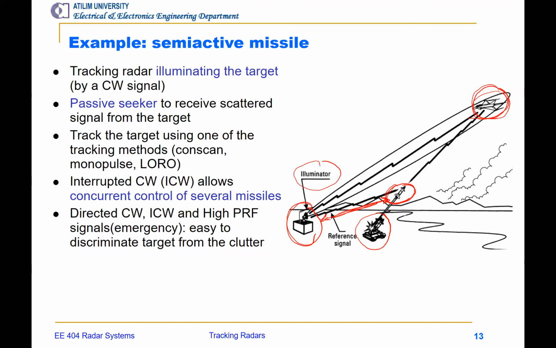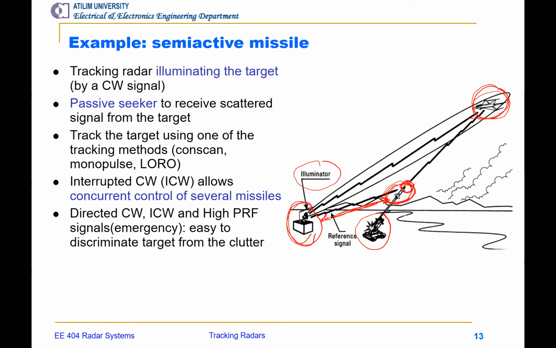Okay, and there is a radar, usually on the nose of the missile, which simply collects the echo signals transmitted by the illuminator. Okay, so this illuminator and missile radar work together. They're coordinated, and this is called a semi-active missile.